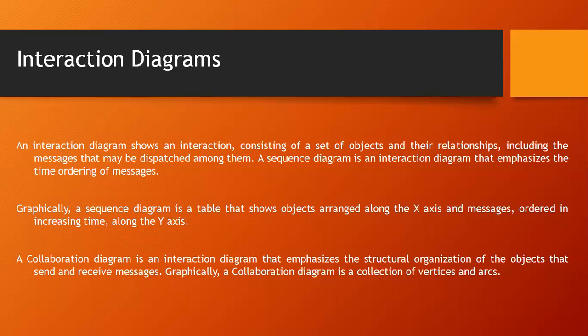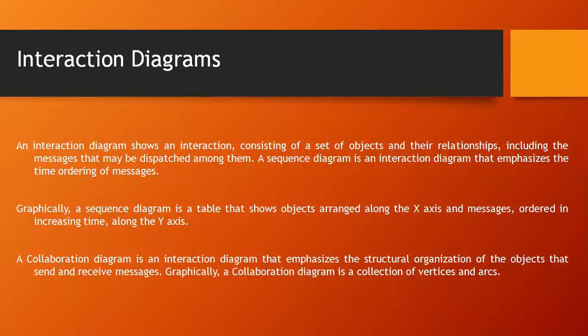In UML, the first kind of representation is called a sequence diagram, and the second kind is called a collaboration diagram.